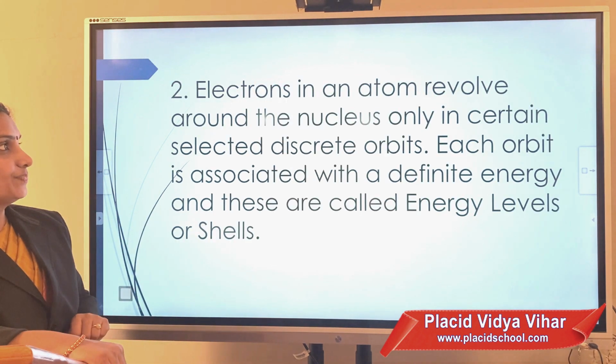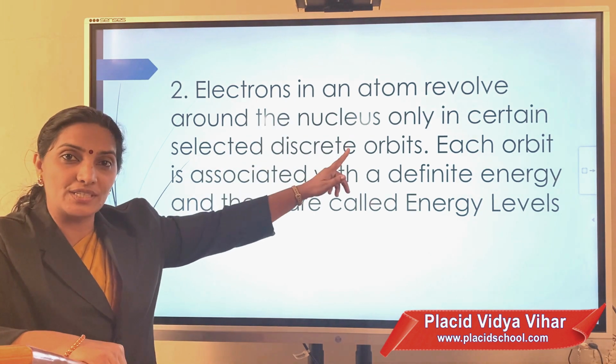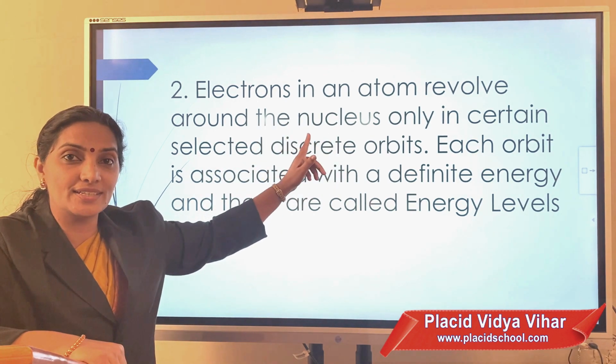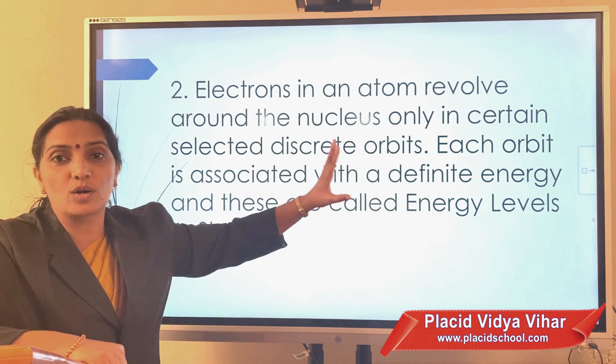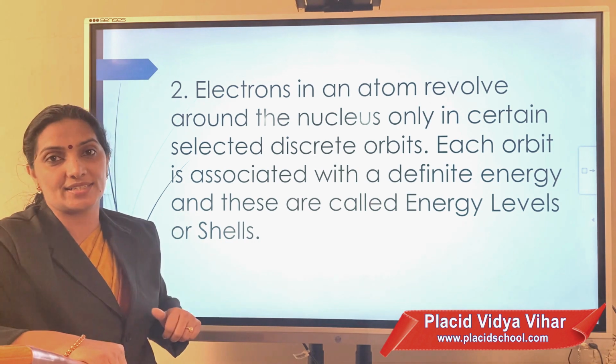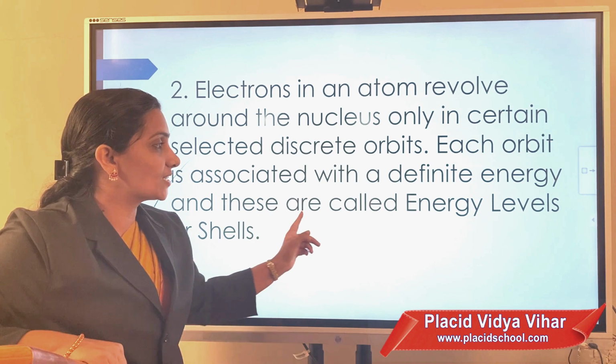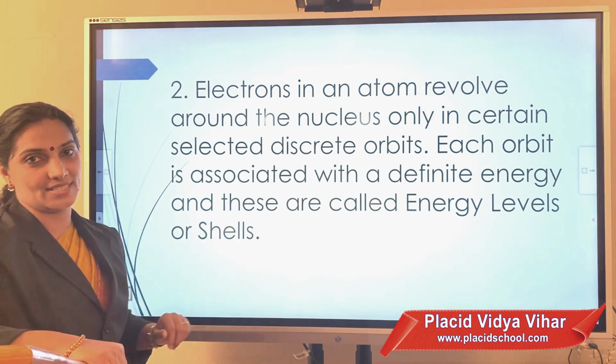Secondly, he said electrons in an atom revolve around the nucleus only in certain selected discrete orbits. Each of these orbits has its own energy. As a result, he called these orbits energy levels or shells.